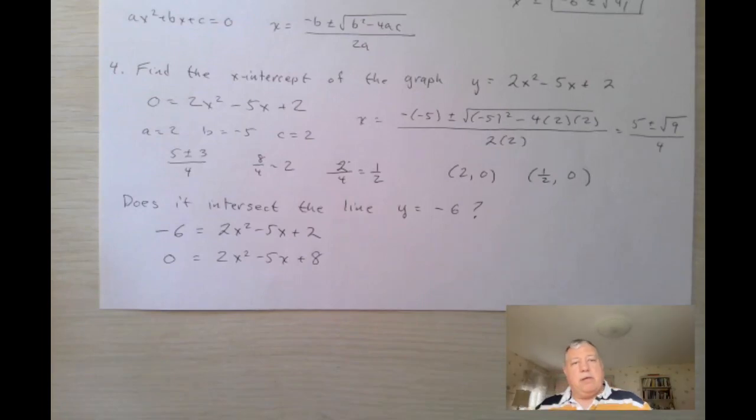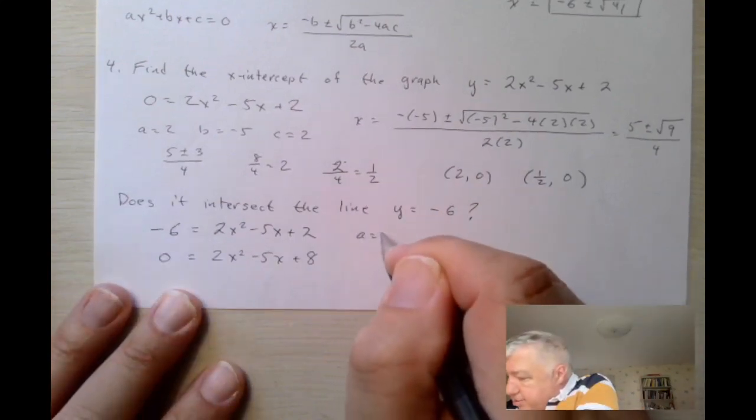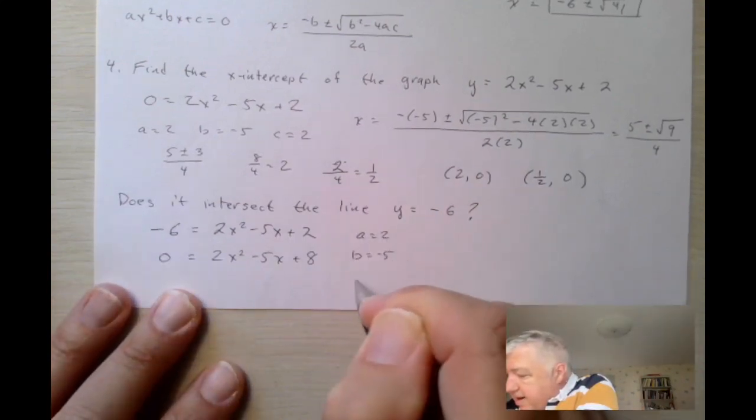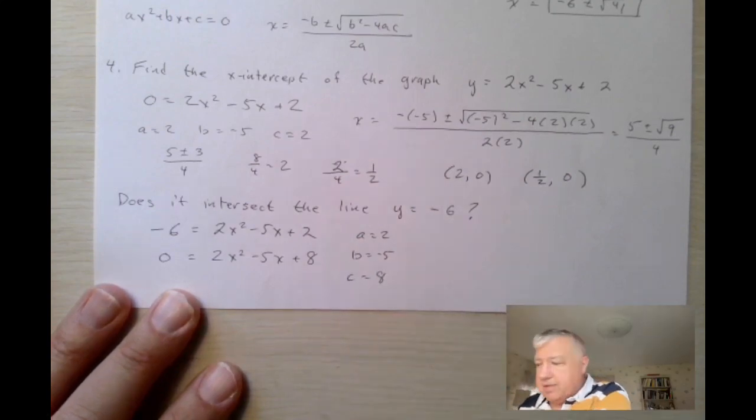All right. Now, if this has a solution, then the answer is yes, there'll be an intersection, and if it doesn't have a solution, then the answer will be no, it doesn't. So a is 2, b is negative 5, c is 8.